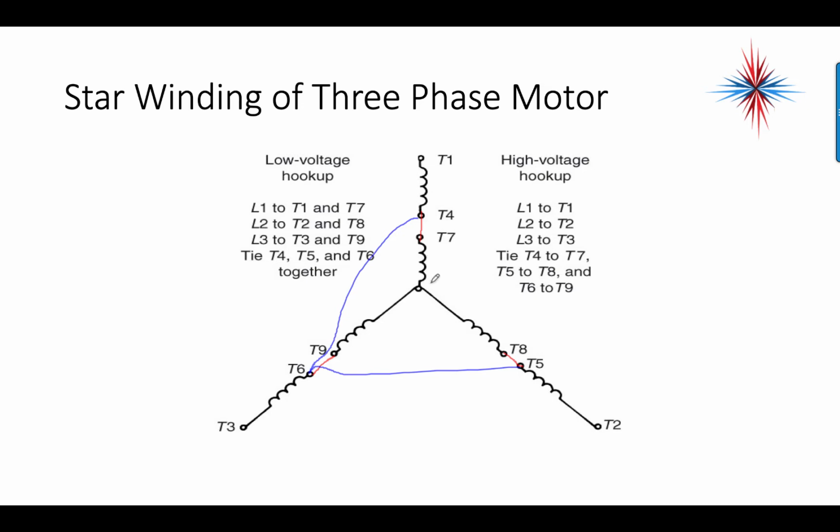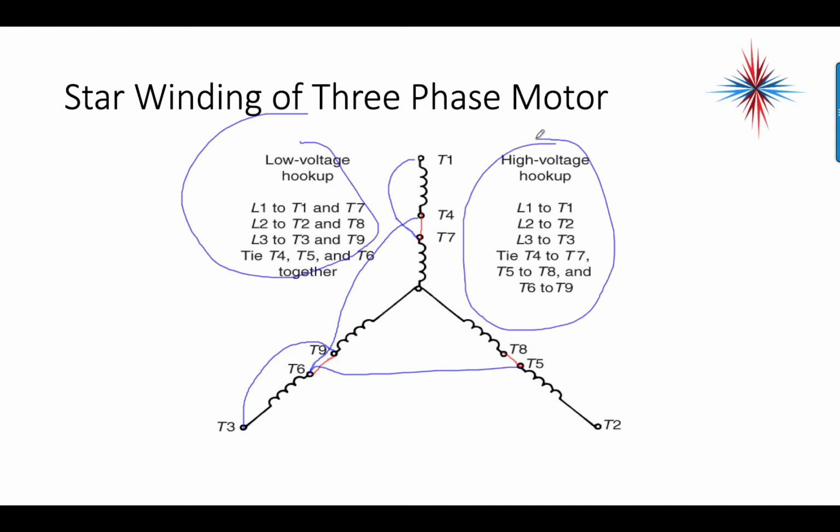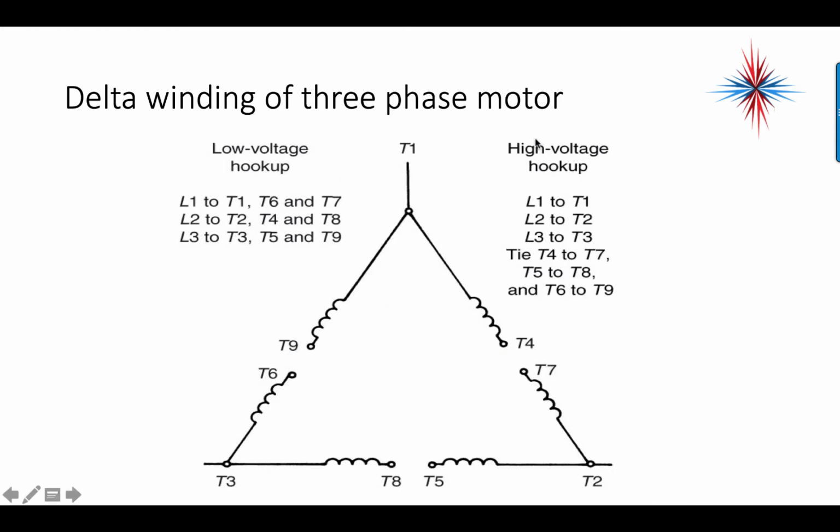So basically what I'm doing is I'm creating another central point. And then I'll connect L1 to T1 and T7, L2 to T2 and T8, L3 to T3 and T9. So now here I'm putting some windings in parallel with each other. So again, look at the labels, because this can be extremely important when you're hooking up and connecting motors.